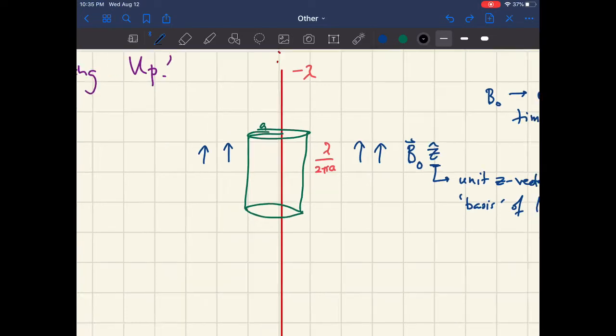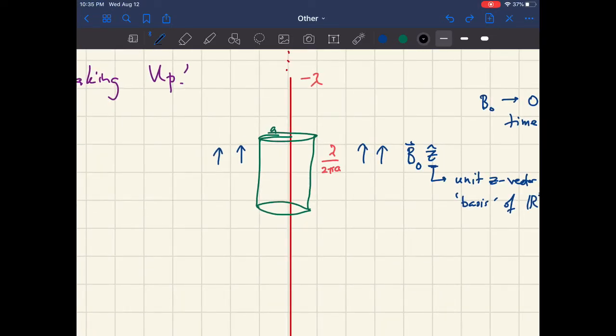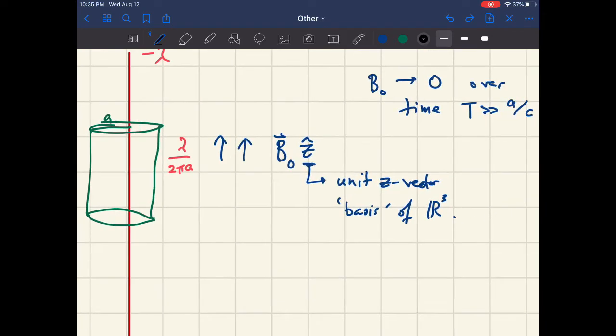Now, it also says that the system is immersed in an external magnetic field B naught times z hat and is initially at rest. If you're not familiar with this notation, z hat is essentially referring to the unit vector in the z direction.